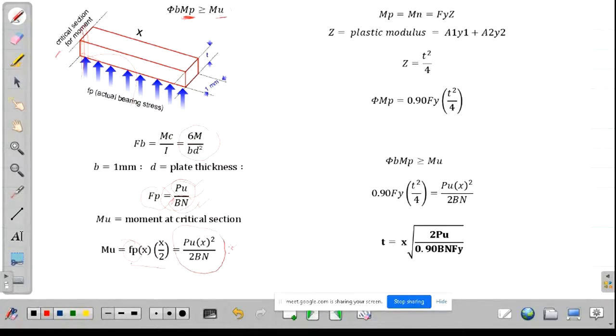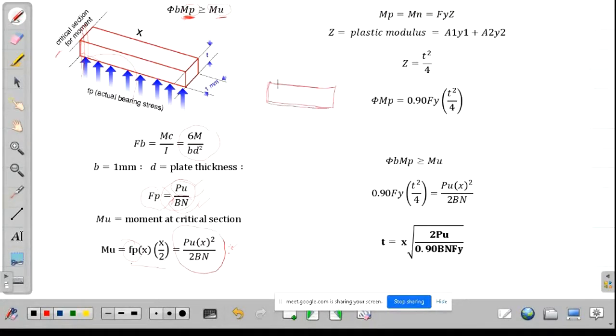So meron na tayong equation ng MU, meron din tayong equation ng MP. Okay? That is Fy times Z. So this time, yung Z natin, yung plastic modulus natin, is yung statical moment above yung ating strip, area above, and then yung area below.